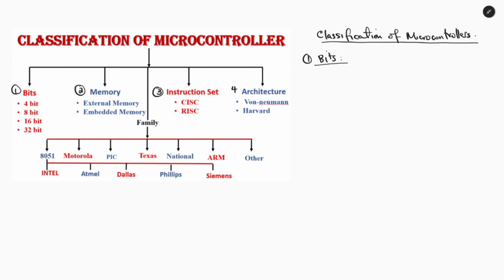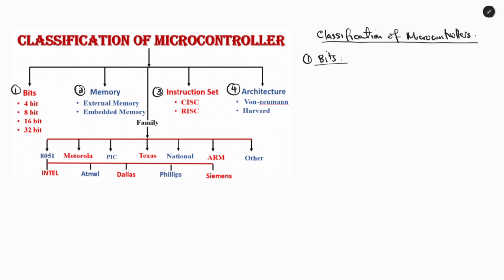And finally, we say a microcontroller is classified based on the architecture. And for the family of microcontroller, we have the 8051, Motorola, PIC, Texas, ARM, Siemens, Philips, Atmel, and Intel. Most microcontrollers are derived from these families.